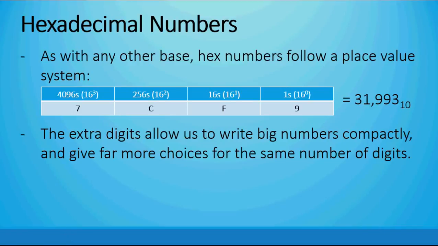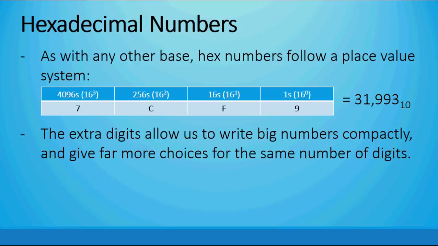Isn't that interesting? And so, we have more choices for the same number of digits. We can't write 10,000 in 4 digits in base 10, but we can in hexadecimal. Because, well, this is 4096. We only need 2 of these, and then we can make up to 10,000 with the rest. So you need 4.